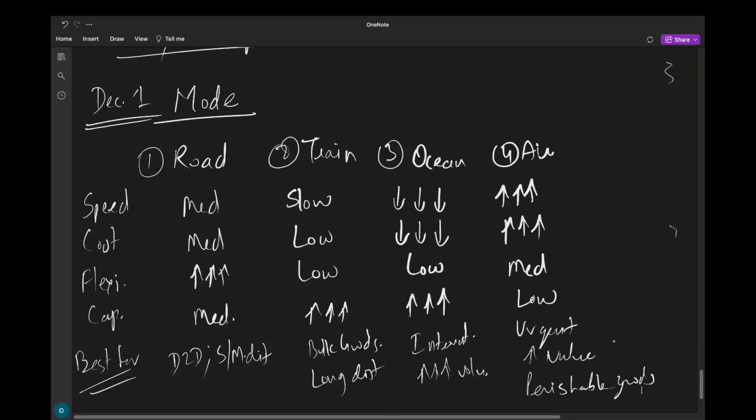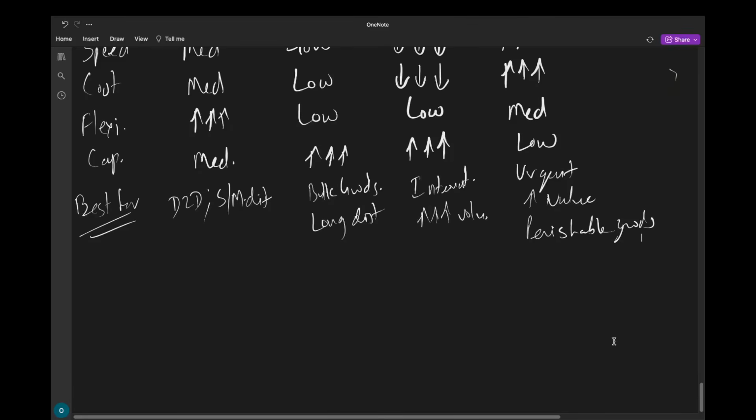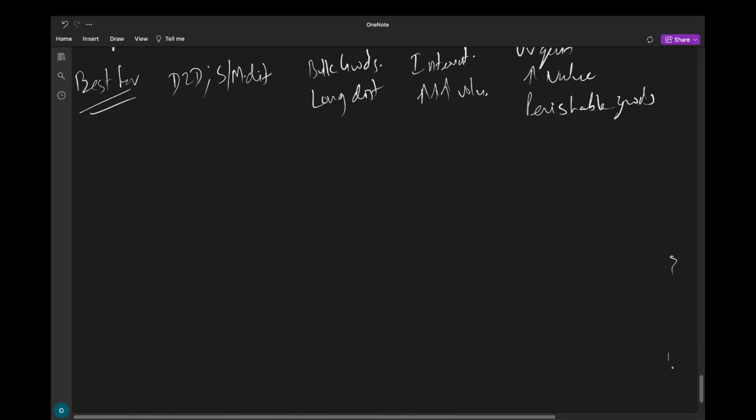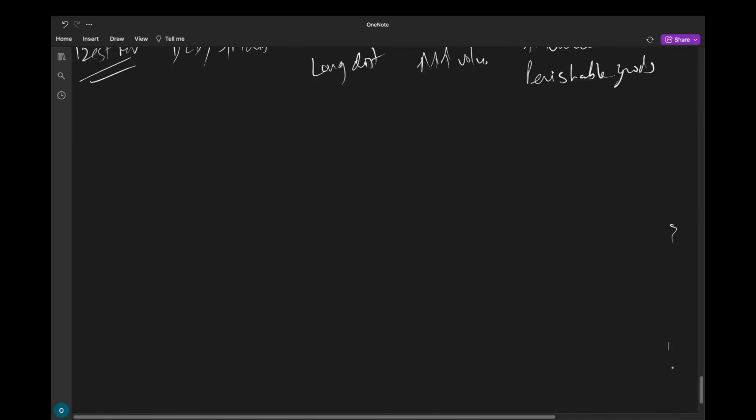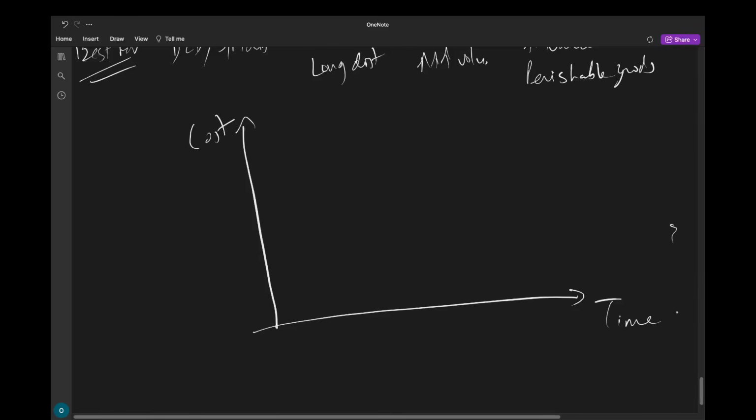Now let's see the trade-off. So in the trade-off, we have cost on one axis and time on another axis. So for road, we have medium cost and medium time.